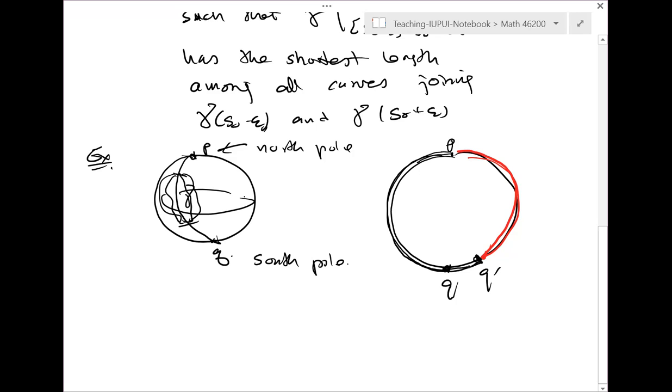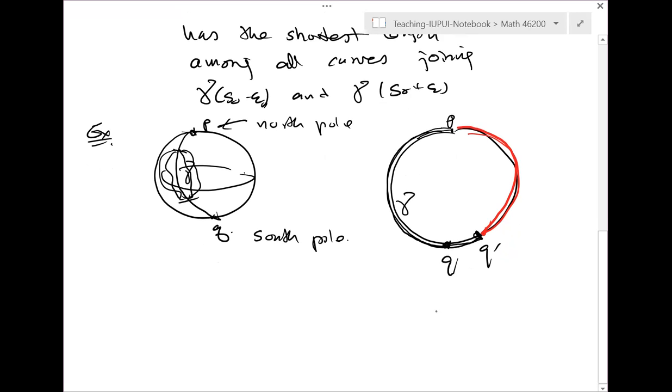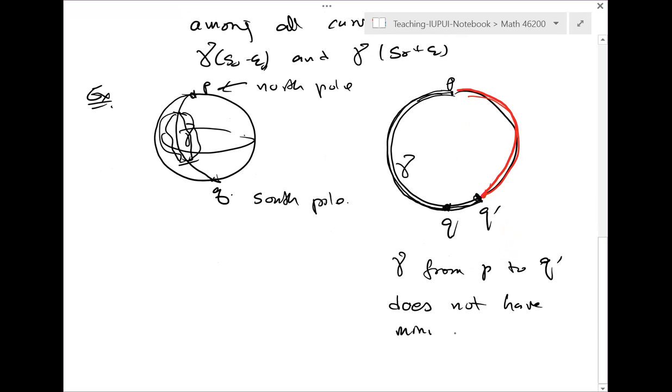So the gamma from P to Q prime does not have the shortest length. There's another one from P to Q prime on the other side, even shorter.